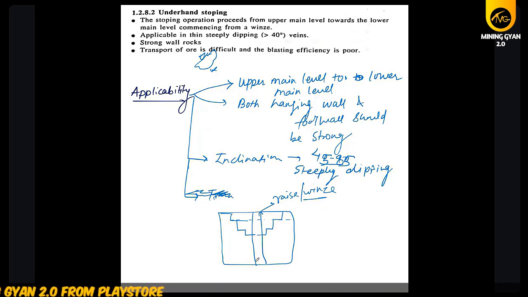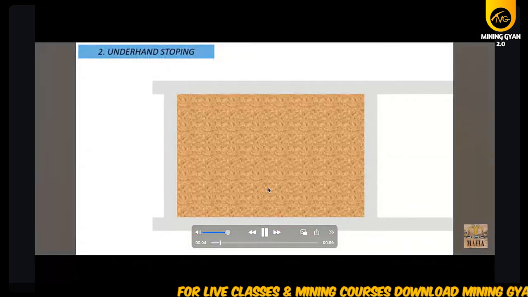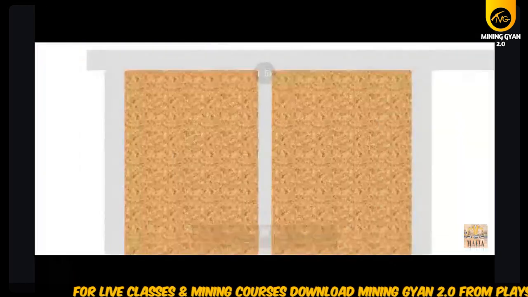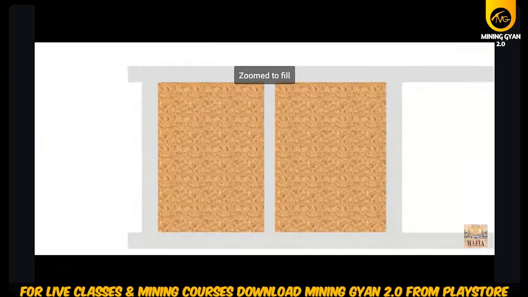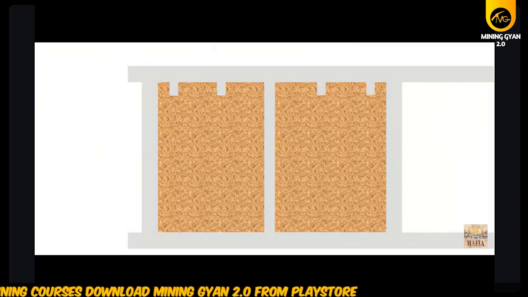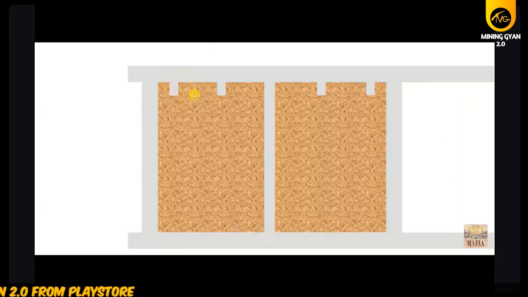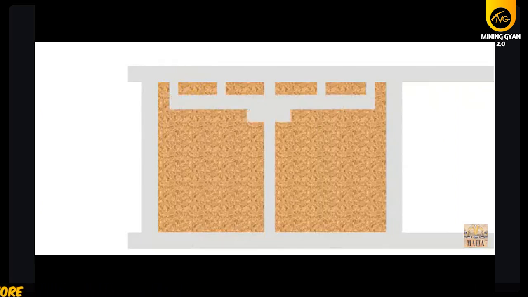Okay, so if I have a video, I will show that. Similarly, we will also be using. The difference between both the methods is that in this method we come from top to down.